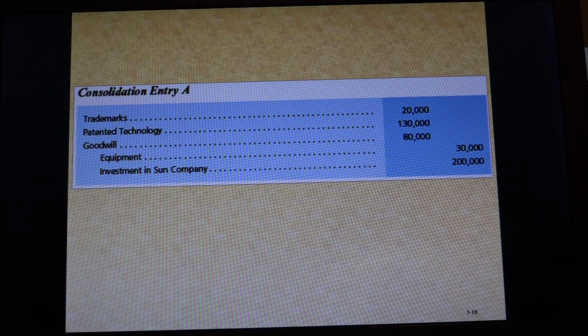And then of course the difference is the excess fair value over book value that is assigned to the acquisition amount, 800 minus 600.